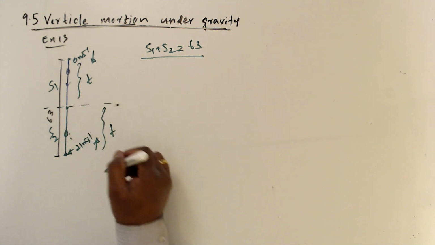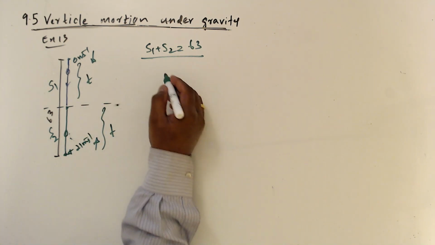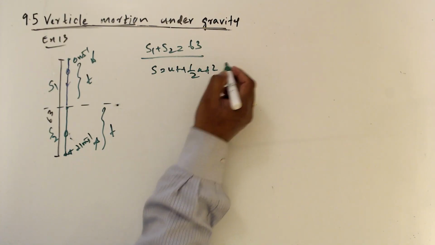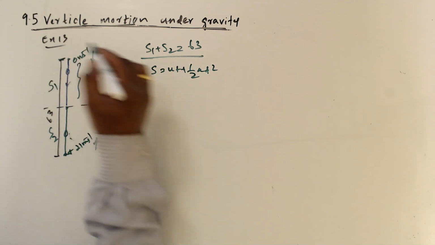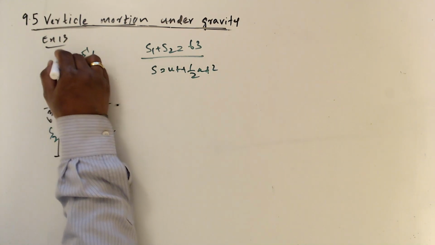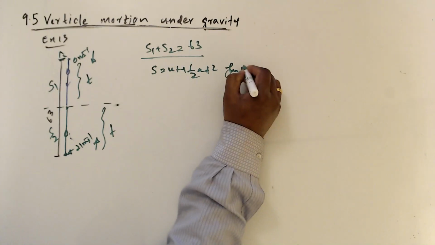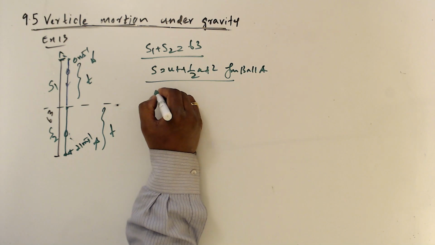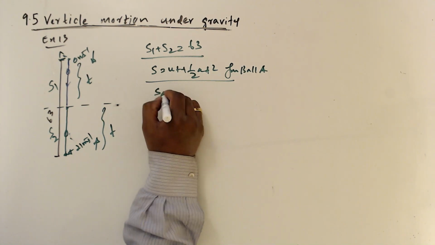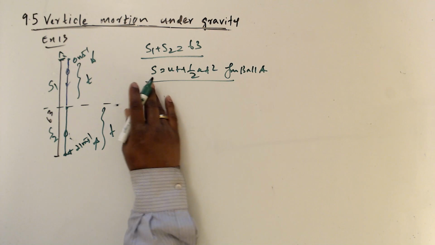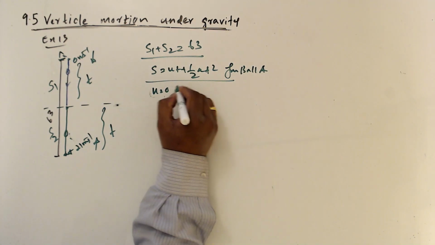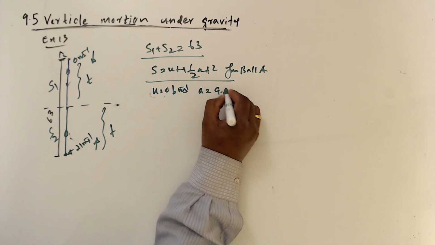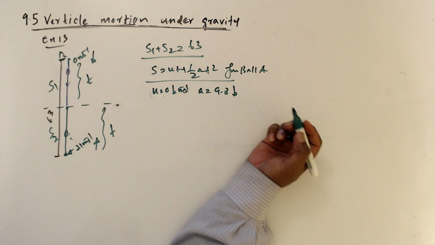Now we can apply s equals ut plus half at square to ball A. S is S1, U is 0, the direction is downward, A is 9.8 downward, and that's all.